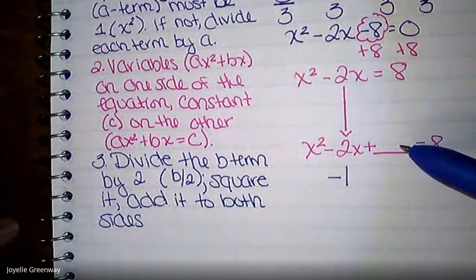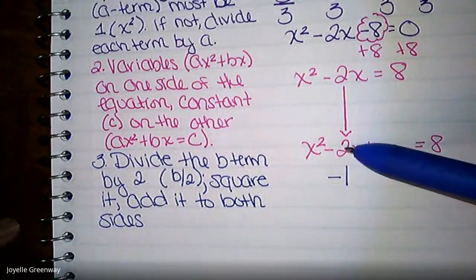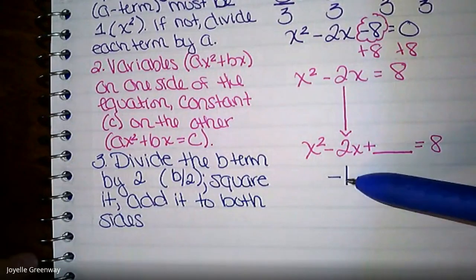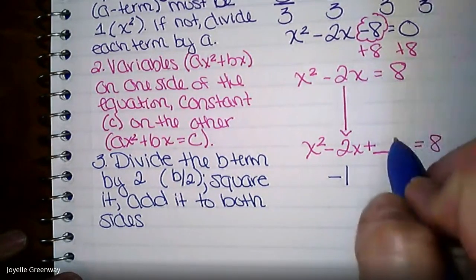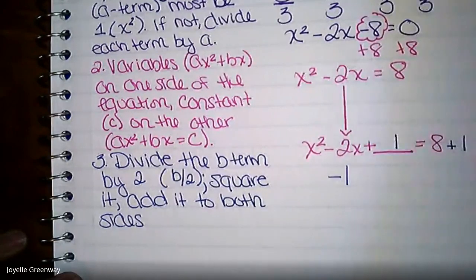That's why we have the blank here. So I take half of my b term. I just make a little note down here. Half of b is half of -2 is -1. I square -1. -1 times -1 is +1, and I add it to both sides. Okay?